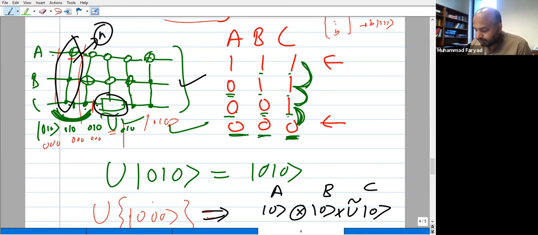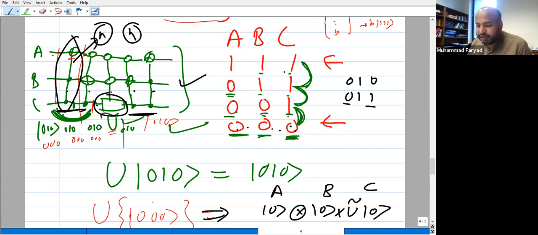And if I count the number of gates in series, they're also of the order of n, because if this is a 3-qubit gate, at most we can go from 000 to 111 or 111 to 000. In general, it could be less than that, because we might have a unitary which only impacts the 010 and 011 states. In that case, we may not need any of this and this gate. We only need just one control unitary. But at most, we can go from 111 to 000.